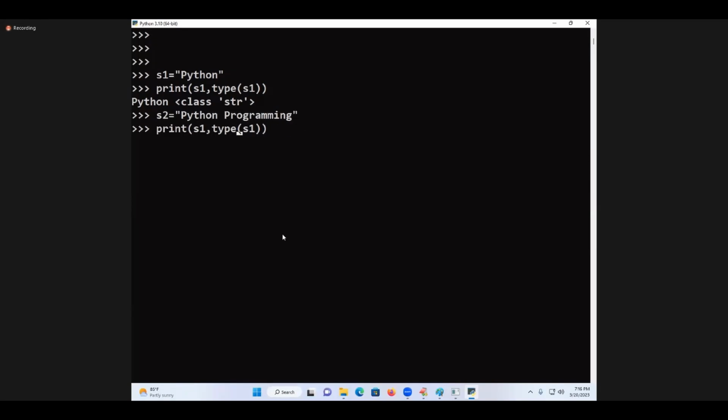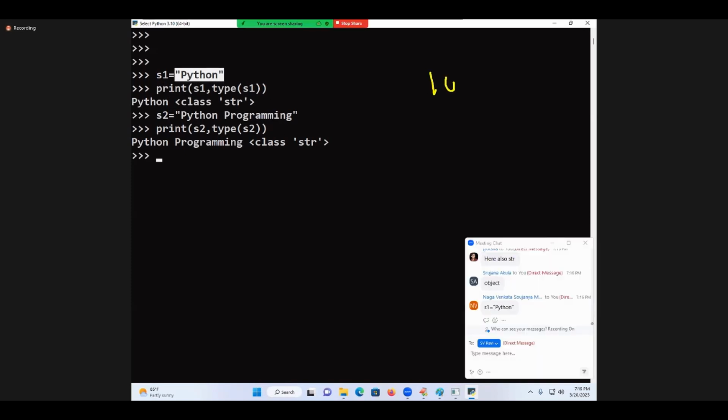Print S2 comma type of S2. What is this also called? Python programming, str. What is S2? What is S1? What is Python? String literal. So many times I said, still you are outdated. What is 10? Integer literal. 10.25 is what? Float literal. True is called what? 2 plus 3j is called what?